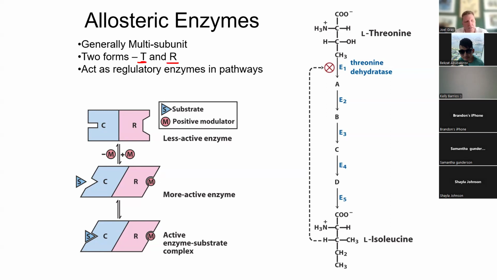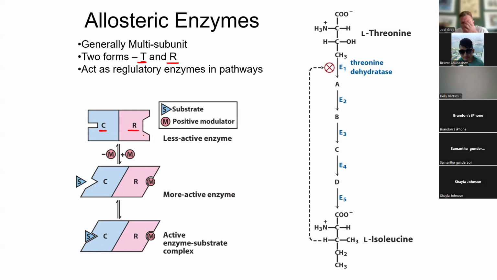The R state is the oxygenated form. Typically an allosteric enzyme has multiple subunits, a catalytic and a regulatory subunit. The catalytic subunit is the business end, whereas the regulatory subunit is more or less the subunit that basically controls the catalytic subunit.